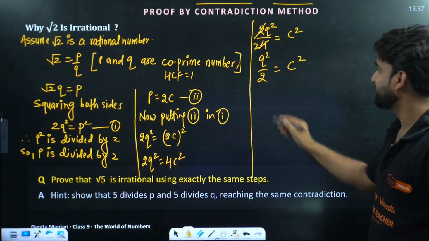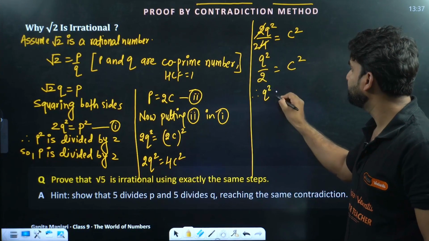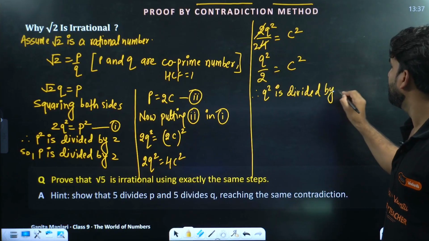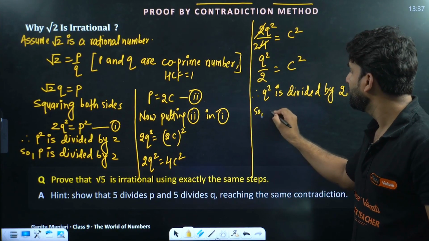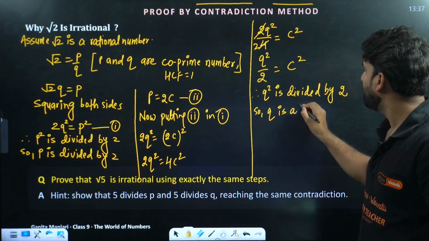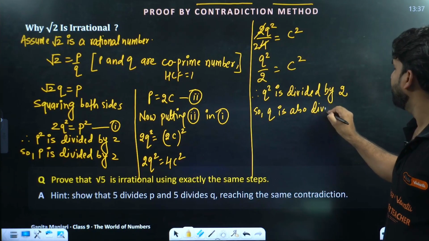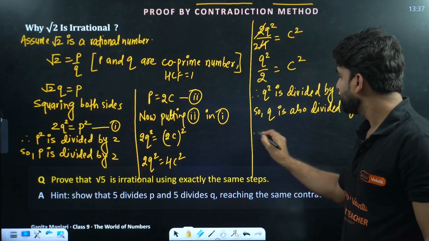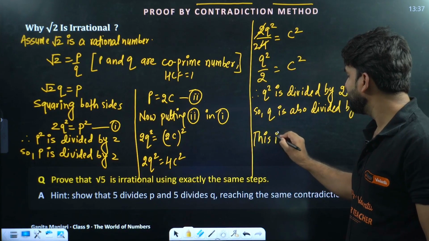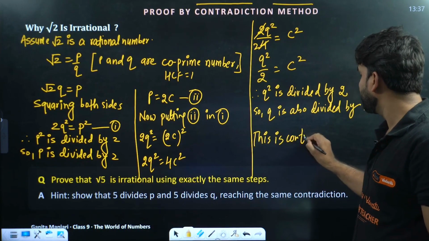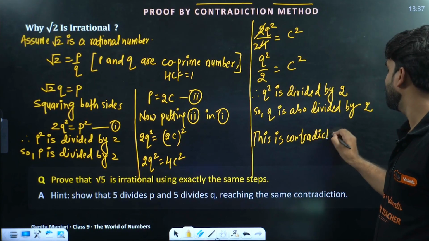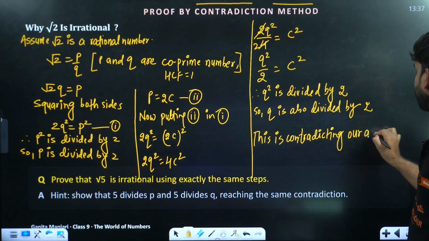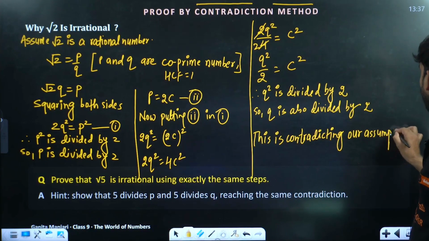Now the contradiction occurs. So we can write here that Q square is divisible by 2, so Q is also divisible by 2, and this is contradicting our assumption. What was our assumption?